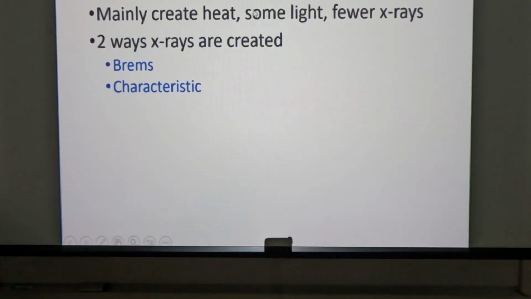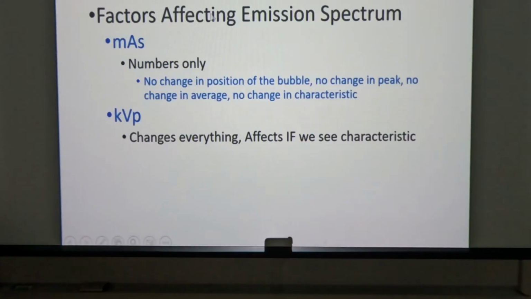All right, so we talked about interactions in the tube, mainly create heat, but we do get a few x-rays out of it, a little bit of light. Brems and characteristic. Brems is because of the slowing down of the electron as it passes the nucleus. Characteristic is where you get the ejection of an inner shell electron and the creation of an x-ray because of the replacement of that inner shell electron.